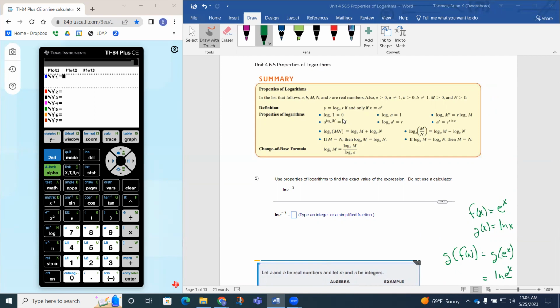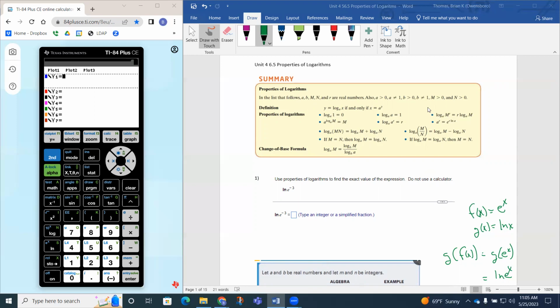So again, properties are things that we memorize. Another one we have is the log base a of a is equal to 1. Or if we have the log of m raised to the r power, base a, notice how that's going to be r times the log of m base a.